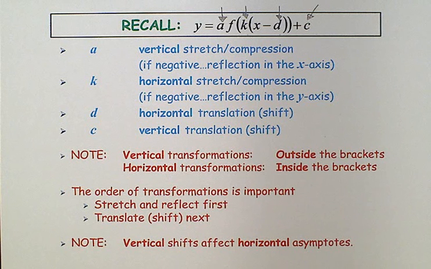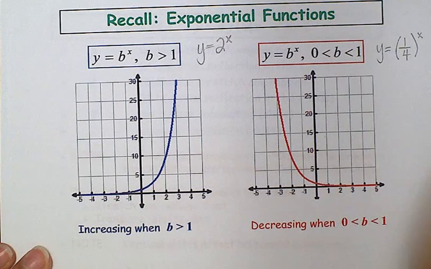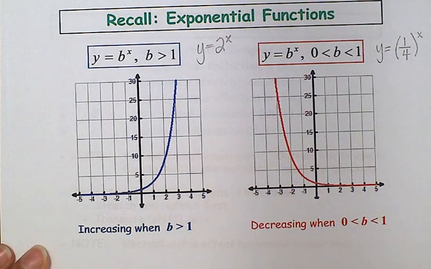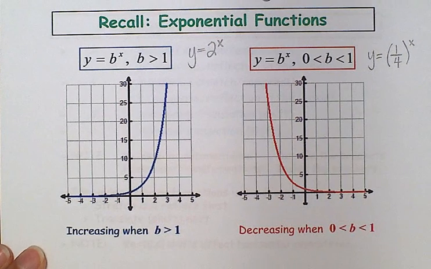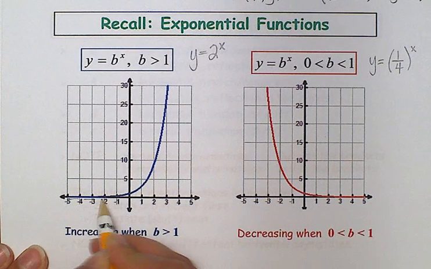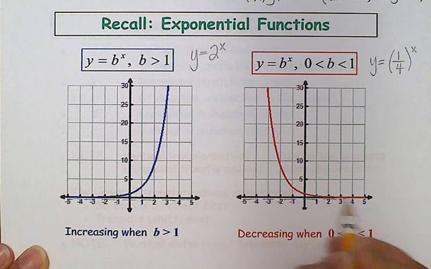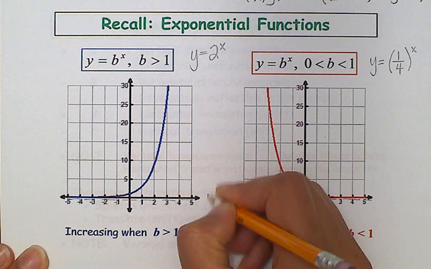Now, we're going to be looking at exponential functions. And just to remind you quickly, when you have an exponential function, so let's just look back at the previous slide. When you have an exponential function, there's one special little thing that's also in this graph, okay? And that is a horizontal asymptote at y equal to 0. And it doesn't matter whether the graph is increasing or decreasing, you have a horizontal asymptote at y equal to 0.